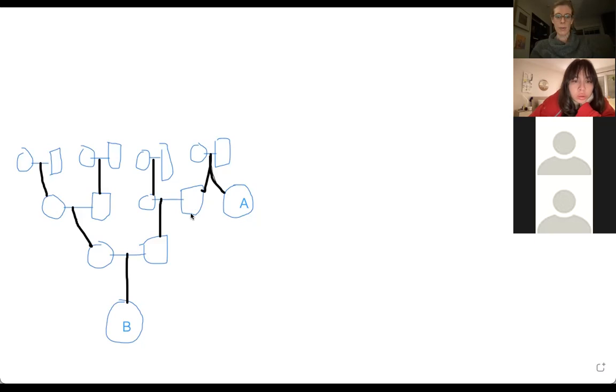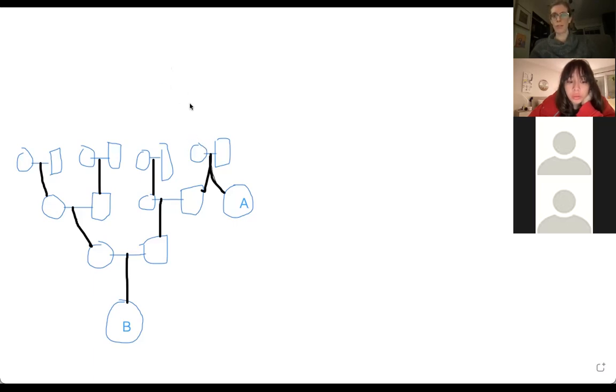Okay, so it's not a direct descent relationship, because B is not directly descended from A and vice versa. So how many common ancestors do B and A share? Would it be 2? Exactly. They share these two, and we don't need to go any further.